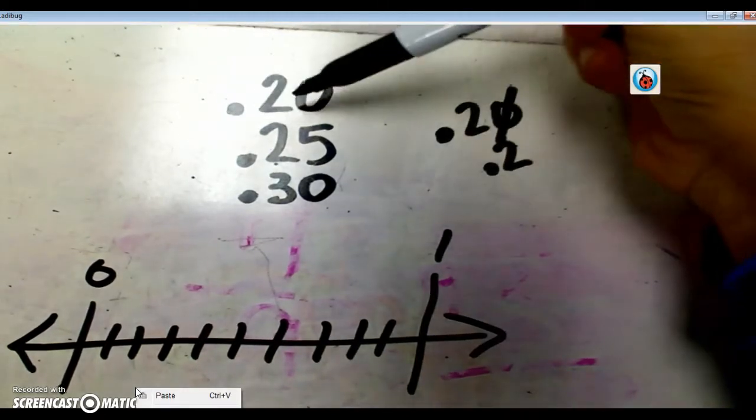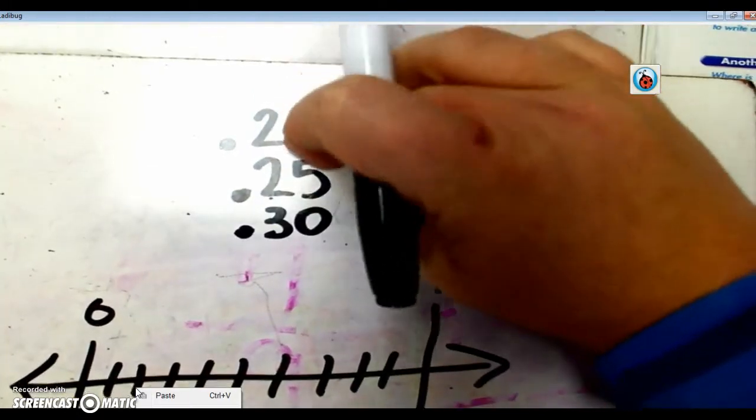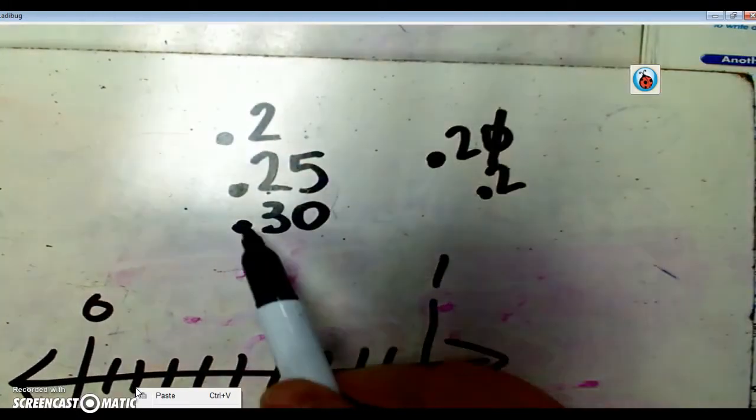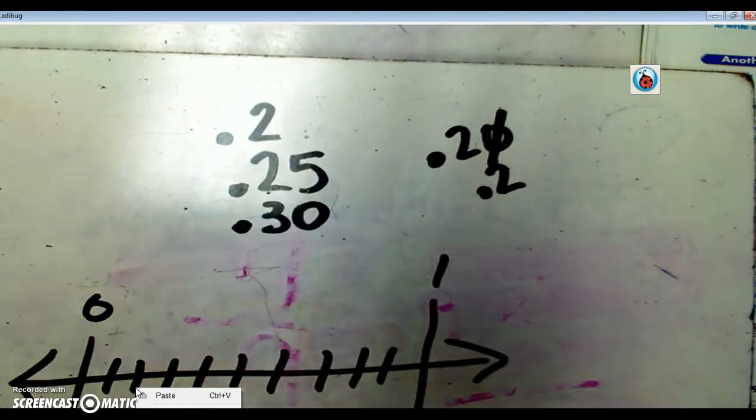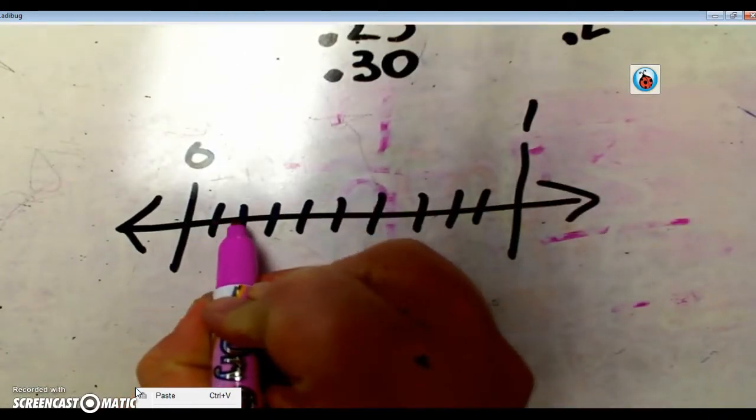So 2/10 would be less than 0.25, but 3/10 would be more than. So when I go to plot this point, 0.25, I have to go more than 2/10, but less than 3/10. And if I look here, this is 1/10, this is 2/10.